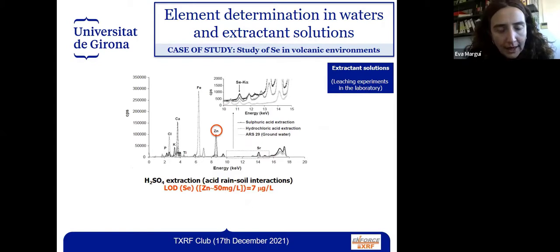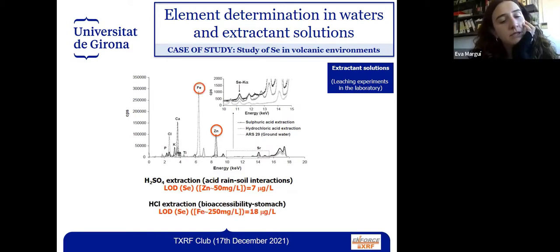In the obtained spectra, we have a high amount of zinc that also limits the limit of detection for selenium to around 7 ppb. We also evaluated the limits of detection using hydrochloric acid extraction, which is commonly used to simulate the bioaccessibility in the stomach. And in this case, the limit of detection was even higher, mostly due to the presence of a high amount of iron.